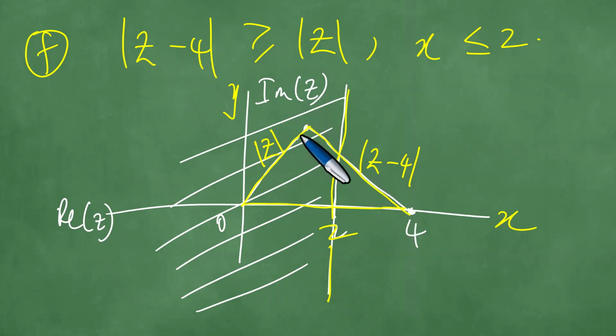So if this is above, the modulus of z minus 4 is smaller. So that is what is being described. In other words, this set can be written in this form.